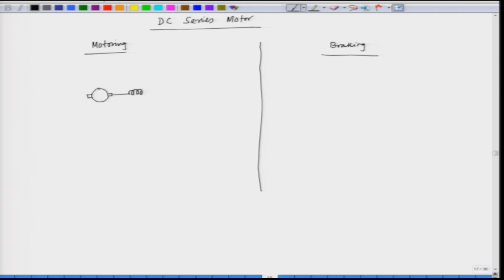The field is in series with the armature. So, we apply the DC voltage here, we have the back EMF E, and the total resistance of the circuit is R. R is equal to R A plus R F. The current which is taken by the motor is I A.